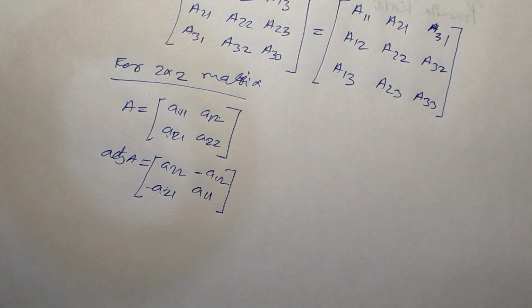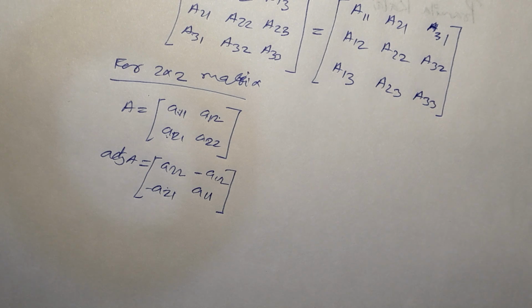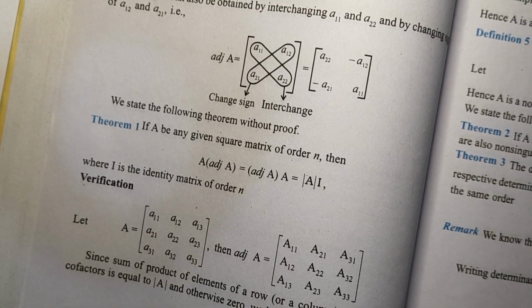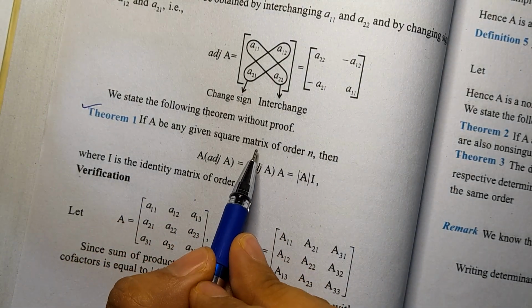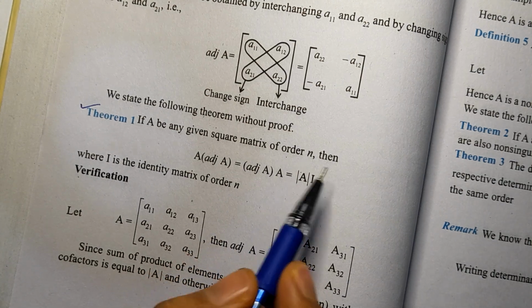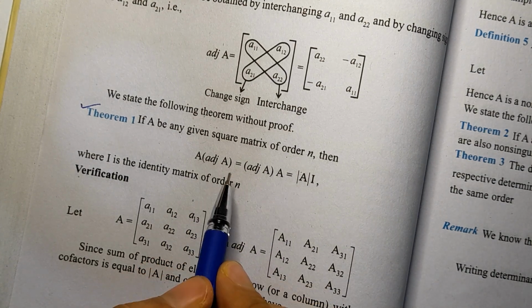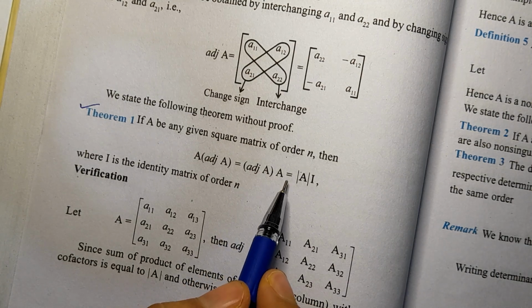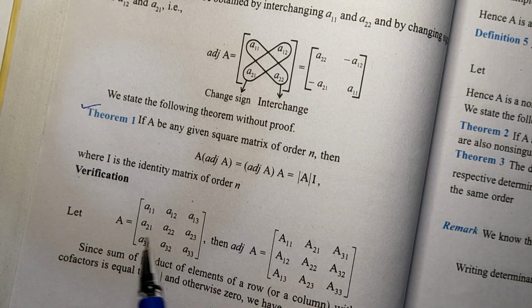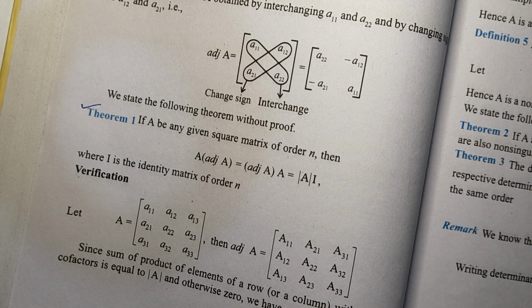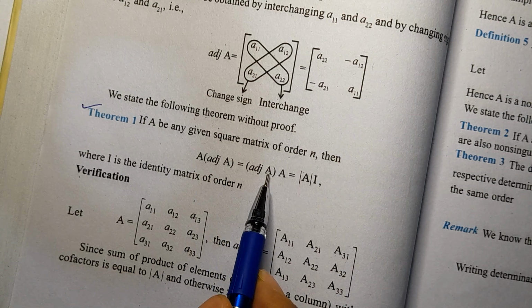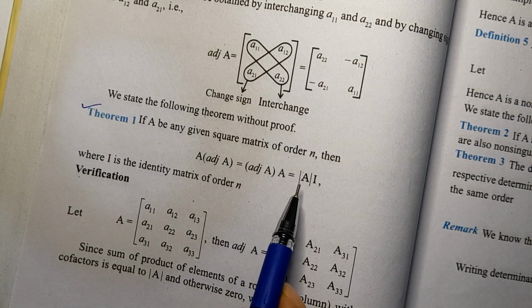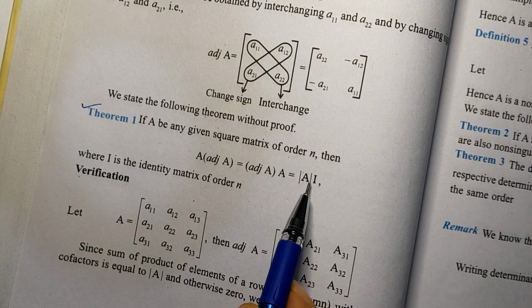Only we need this. Now after the adjoint, we have the theorem, that is theorem 1.1. It states that if A is any given square matrix of order n, then A into adjoint of A is equal to adjoint of A into A is equal to determinant of A into I. So if we take the matrix A and find the adjoint of this, then A into adjoint of A will be equal to adjoint of A into A, equal to determinant into I. I is the identity matrix.